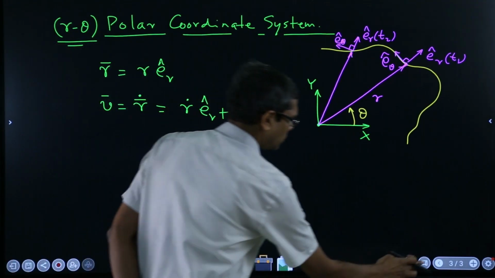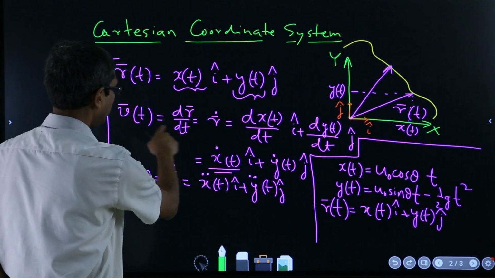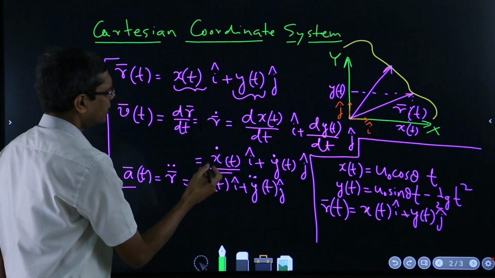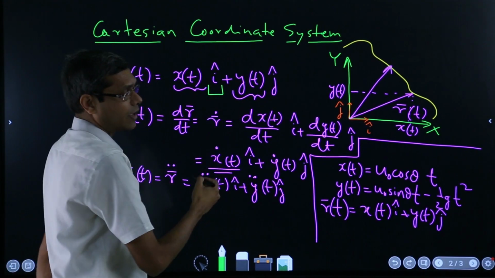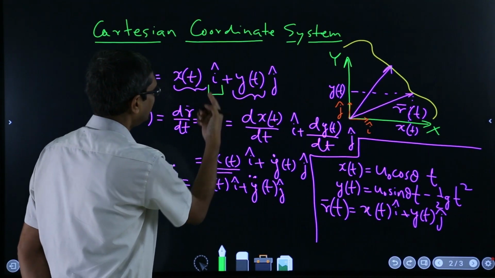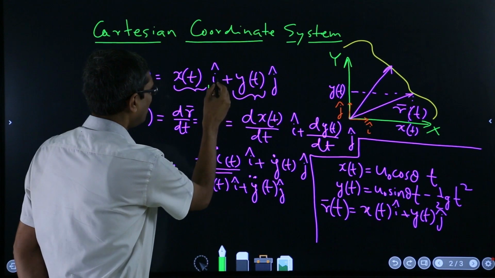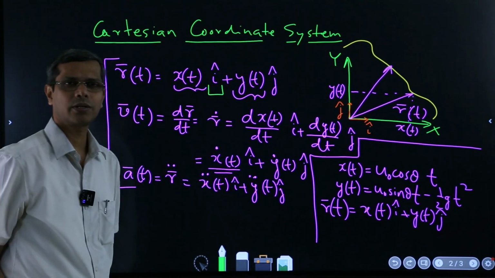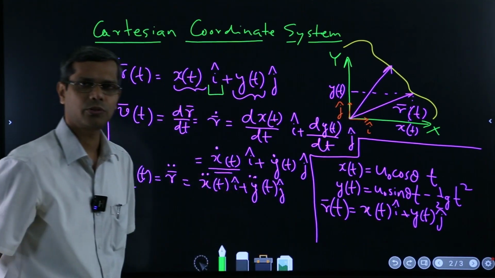See, earlier also, when we differentiated this, we in fact had actually differentiated this also, because this is also a product form, x of t and I, but I was not a function of time then, because it was always fixed with respect to time.